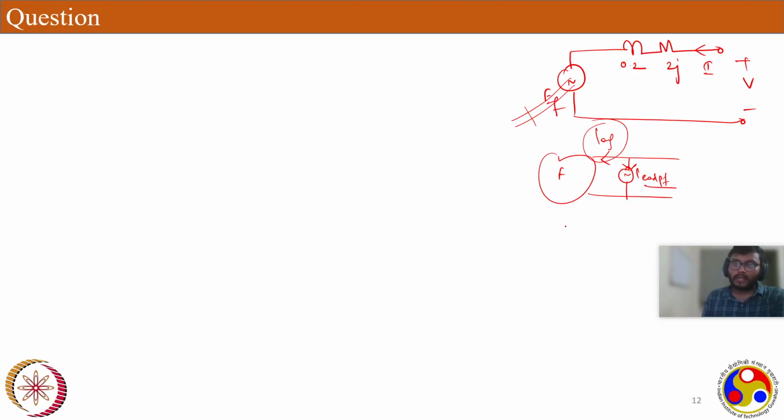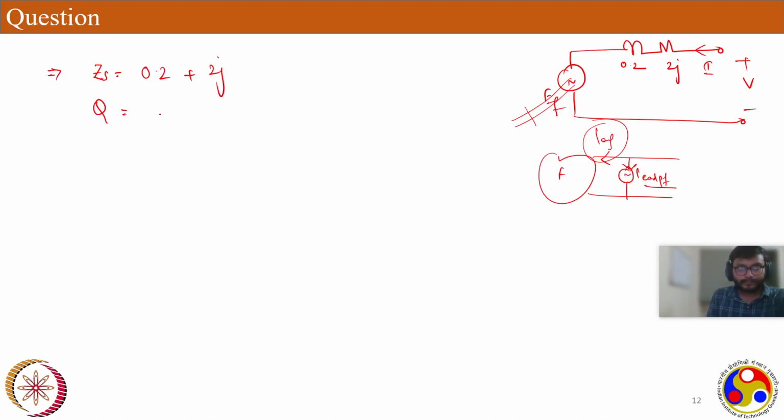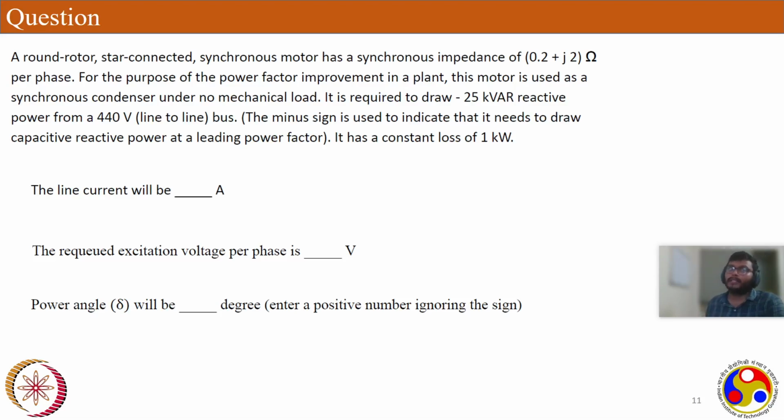Okay. Now we are given that my synchronous impedance is 0.2 plus 2J, and my Q, which is reactive power drawn, is minus 25 kVAR. Minus J 25 kVAR. Minus J represents the capacitive, and minus represents it is actually drawing the capacitive reactive power.